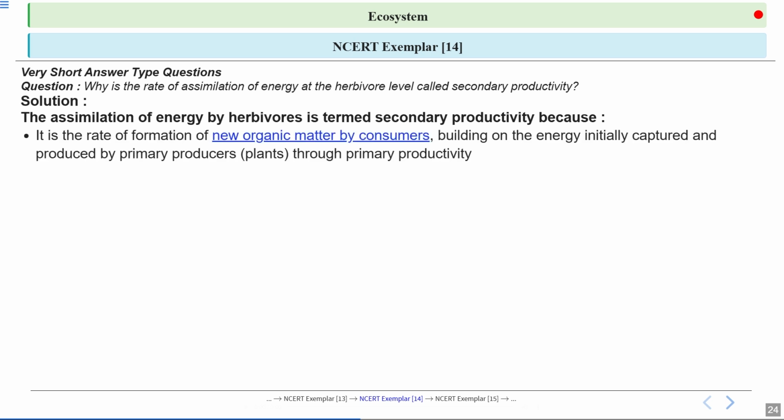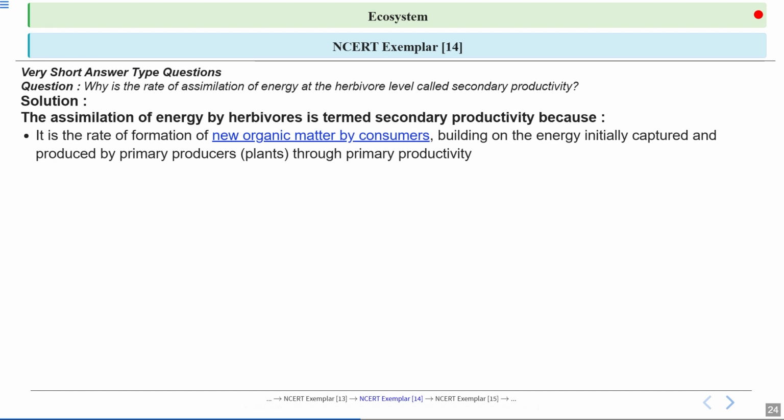primary productivity is the creation of biomass by the producers like plants using the sunlight. When a herbivore eats the plant, it consumes the primary biomass. Secondary productivity is the rate at which that consumer then converts the energy from the consumed plant matter into its own biomass.